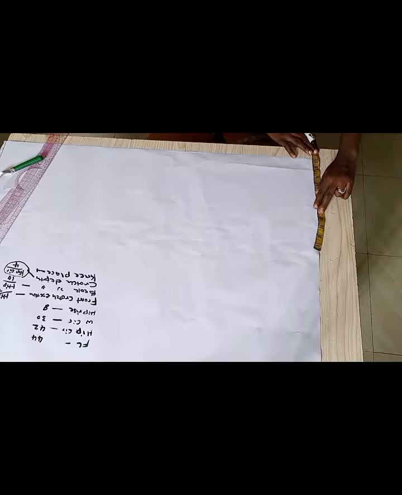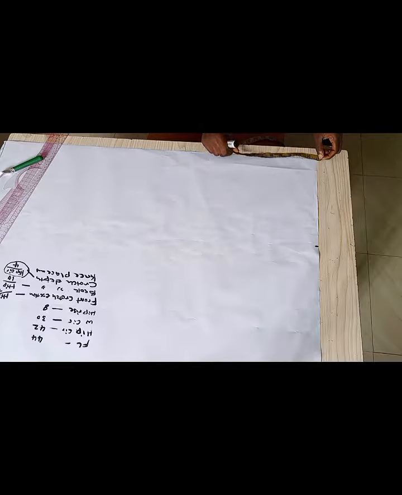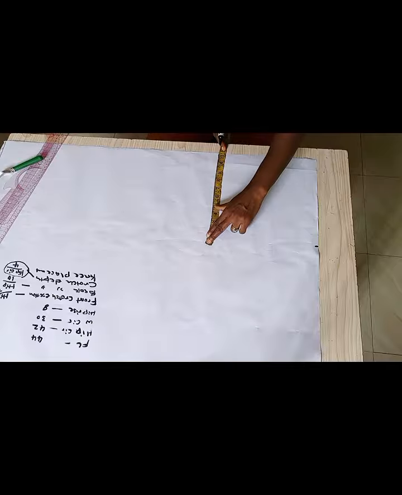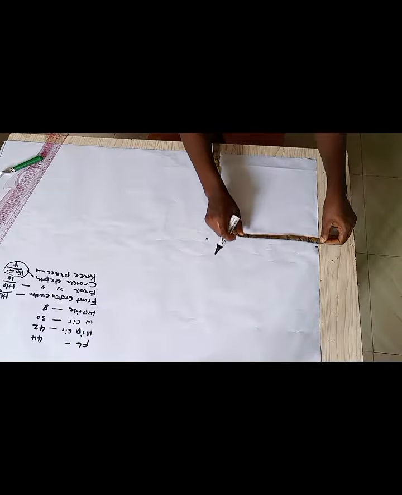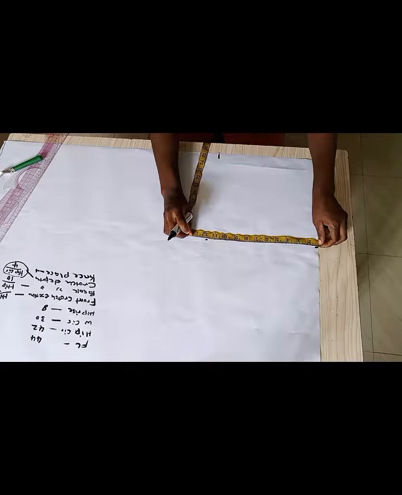I will simply mark 10.5 here and also come here and mark 10.5. Then I go this way and mark 10.5. So it's like I'm trying to form a square. Definitely you should know what a square is: 4 equal corners, all with the measurement 10.5.